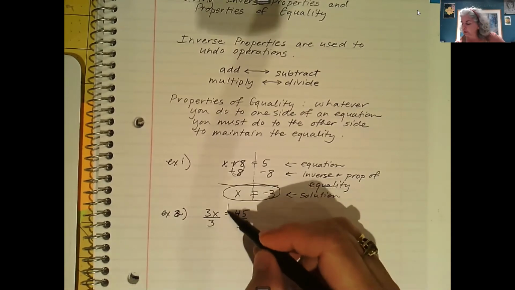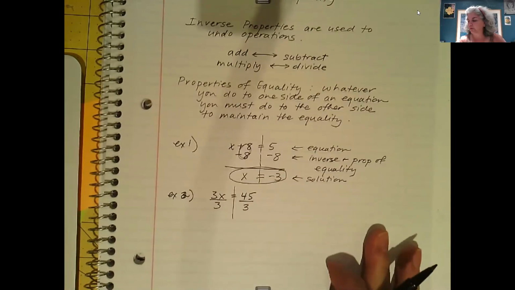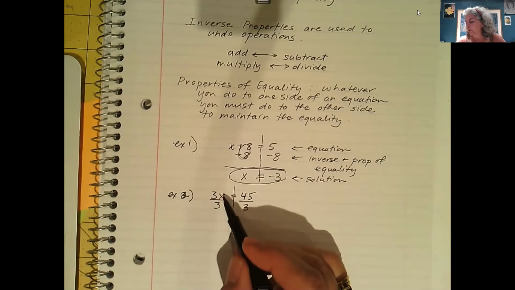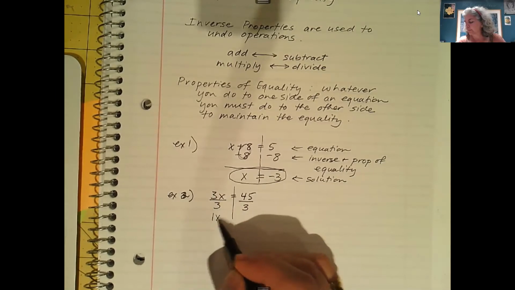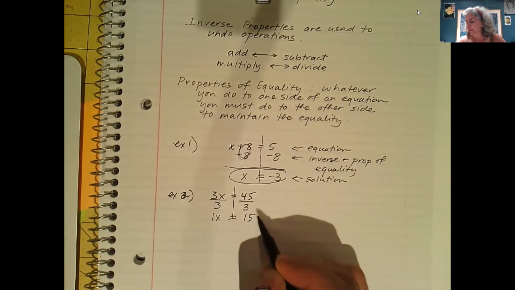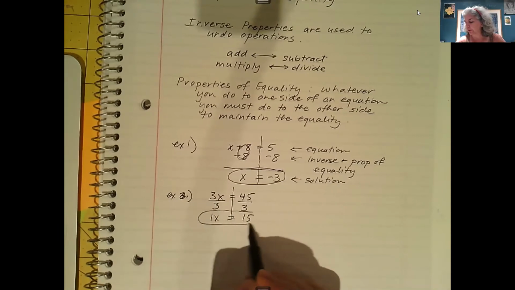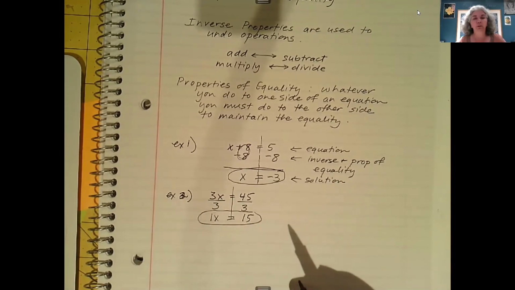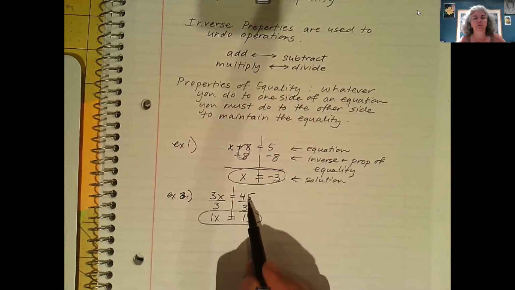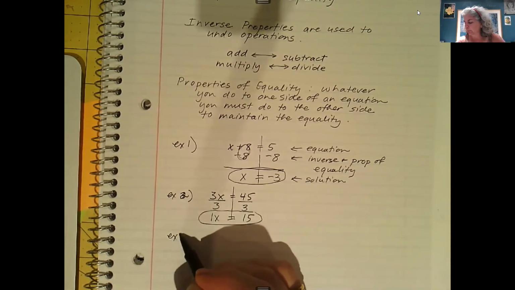You're welcome to keep drawing a line down here, but you don't have to. It's completely your preference. So on this side I have 3 divided by 3, which is 1x, equals 45 divided by 3, which is 15. 1x and x, that's exactly the same thing. So that's our answer. And you can check by plugging in 15 up here. 3 times 15, does that equal 45? Yes, it does.